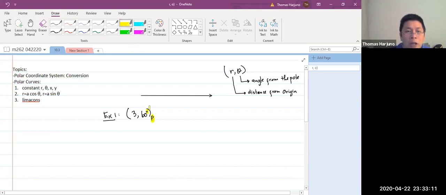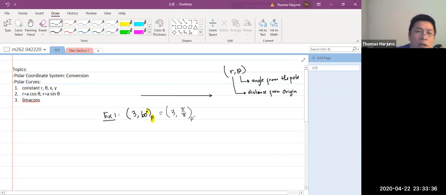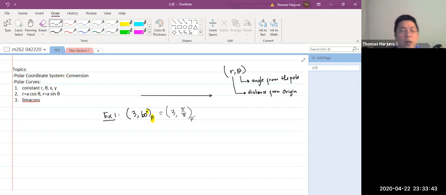When I use degrees here, it is a custom that we don't use degrees, we use radians instead. Once I write it this way, it may not be clear if it is polar coordinate or rectangular coordinate, so to emphasize that this is polar, I put a subscript P here to emphasize that it's a polar coordinate system.